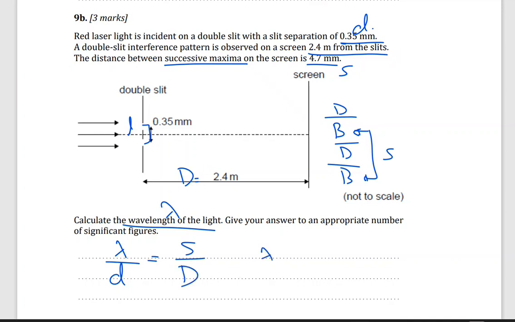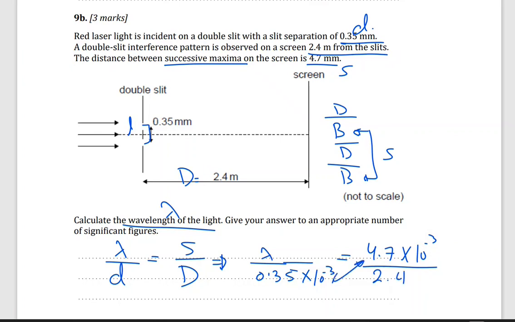Lambda, we don't have it. Small d is 0.35 millimeter, times 10 to the power -3, will equal S, 4.7 times 10 to the power -3, divided by capital D, 2.4. Cross multiplication and you will get lambda.